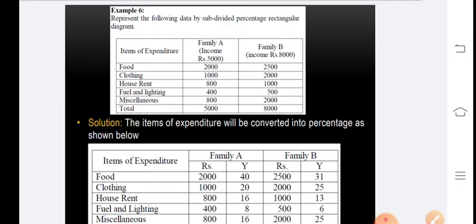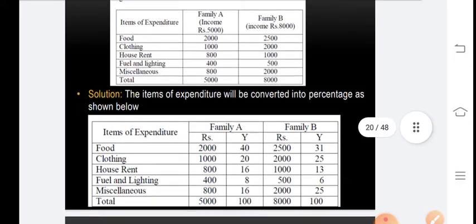Now see how it is converted into percentage.